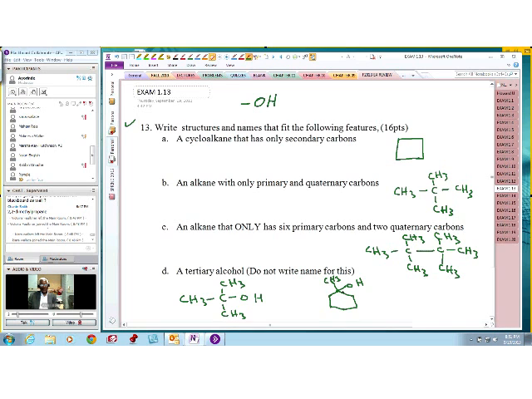Supposing I ask you to give me a primary alcohol, in that case you have to give me a molecule in which the hydroxy group is attached to a primary carbon. For example, ethyl alcohol. This is a primary alcohol right here because this hydroxy group is attached to a primary carbon.